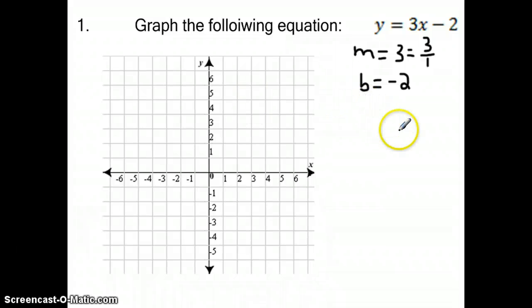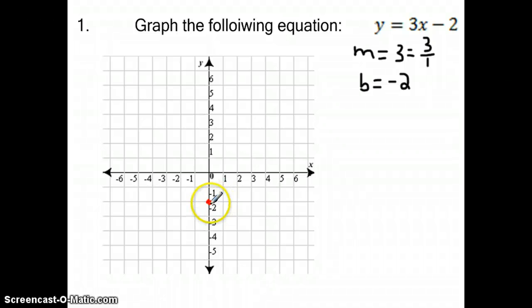First way is using our equation y equals mx plus b. We can see that our slope is 3, and I wrote it as 3 over 1, so we could keep it in rise over run form. Whenever you have a whole number, you can just put it over 1 to show us our run on the bottom. And we see our y-intercept is actually negative 2. So first thing we do is go to our y-intercept, which just means where it crosses the y-axis, so we put a dot there, and then we can use our slope to go from that point.